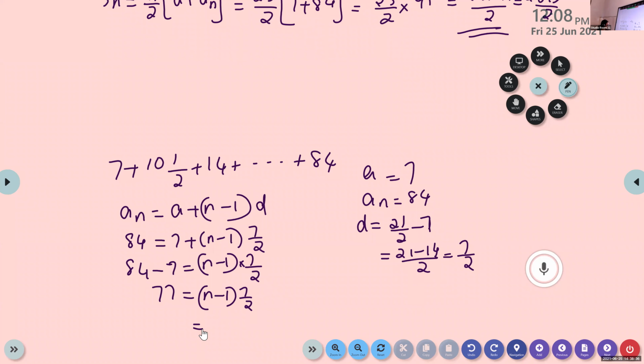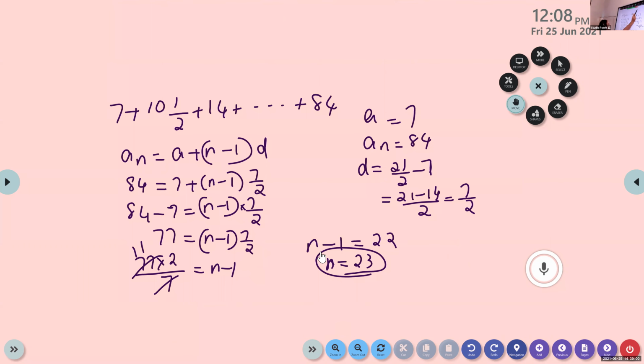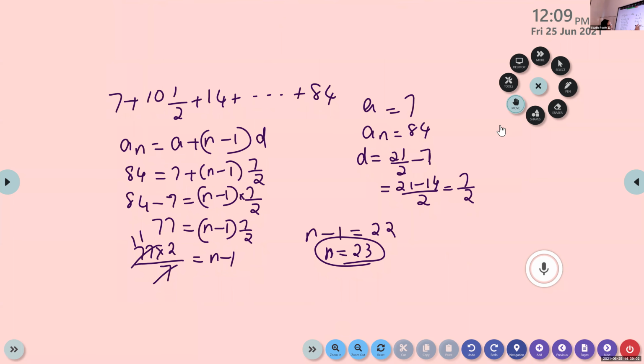So 2 goes to the numerator, 77 into 2, 7 will come to the denominator, equal to n minus 1, and that is equal to 22. So n minus 1 equal to 22, n equal to 22 plus 1, 23. So here we got that there are 23 terms in this series. In this AP, we have 23 terms.